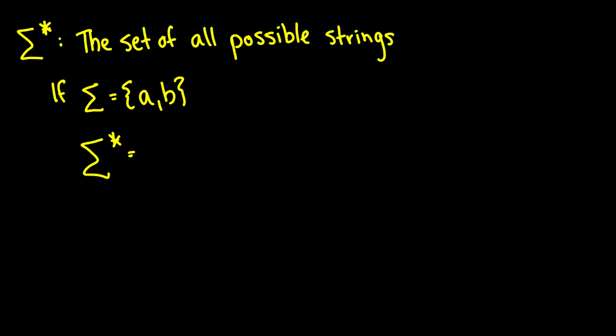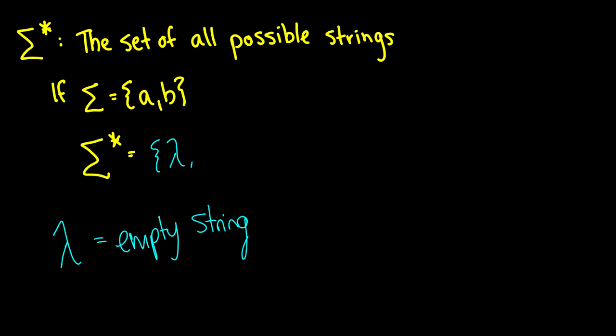So, if sigma is just A and B, then sigma star is going to consist of the empty string, which we have here called lambda. This is just not putting in any word, leaving it blank.